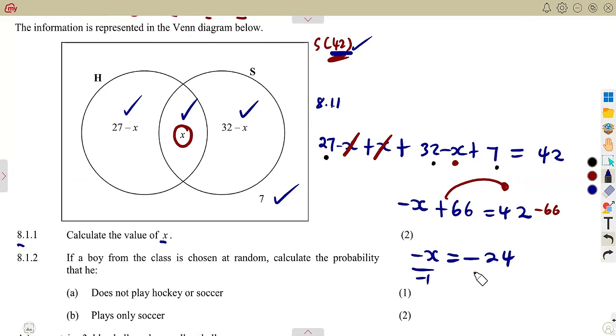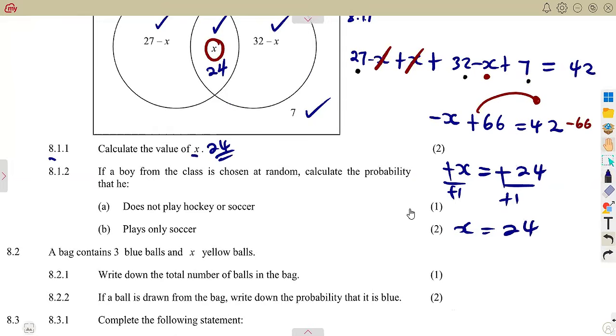To find X, simply divide by a negative, so that becomes a positive. So X in this case is 24. Wherever we see X, there is a 24 there. So you can even substitute wherever there's X, 24: 27 minus 24, which is 3, 32 minus 24. You can substitute whatever part that you are given.